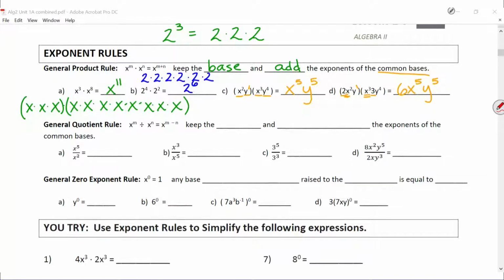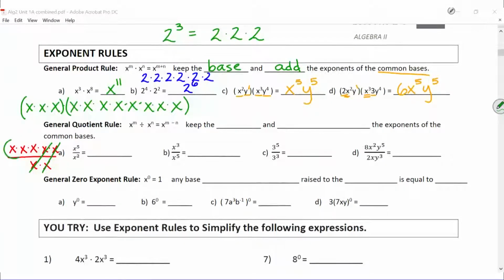In letter A, I have x to the fifth power, which again is x times itself 5 times. And I'm dividing by x squared, or x times itself 2 times. Now, because I'm dividing, I can cross cancel. I can cross off the common multiples. I can cross off 1, 2 of them. How many are left?